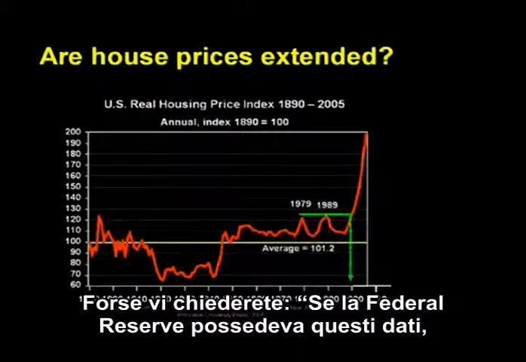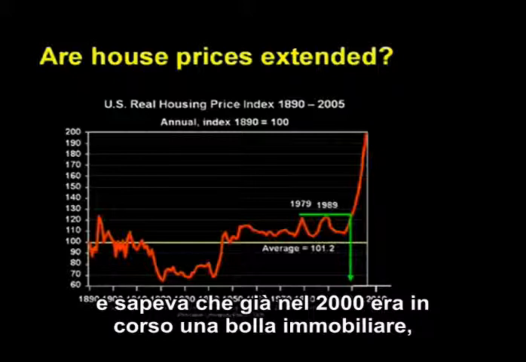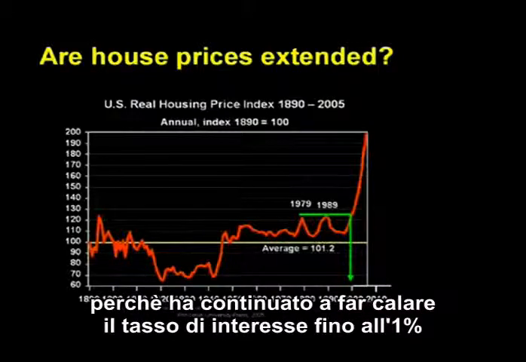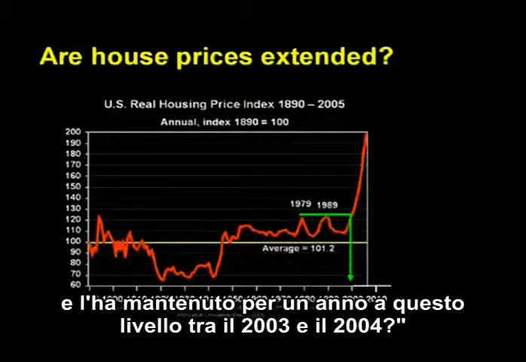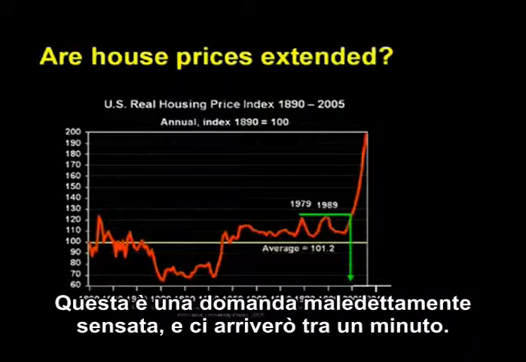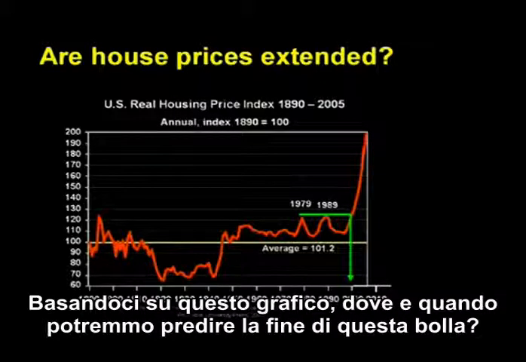You might ask yourself, if the Federal Reserve had access to this data and knew we had a property bubble on our hands as early as 2000, why did they continue to aggressively lower interest rates to 1% and then hold them there for a year between 2003 and 2004? Well, that's a darn good question, and I'll get to that in a minute.